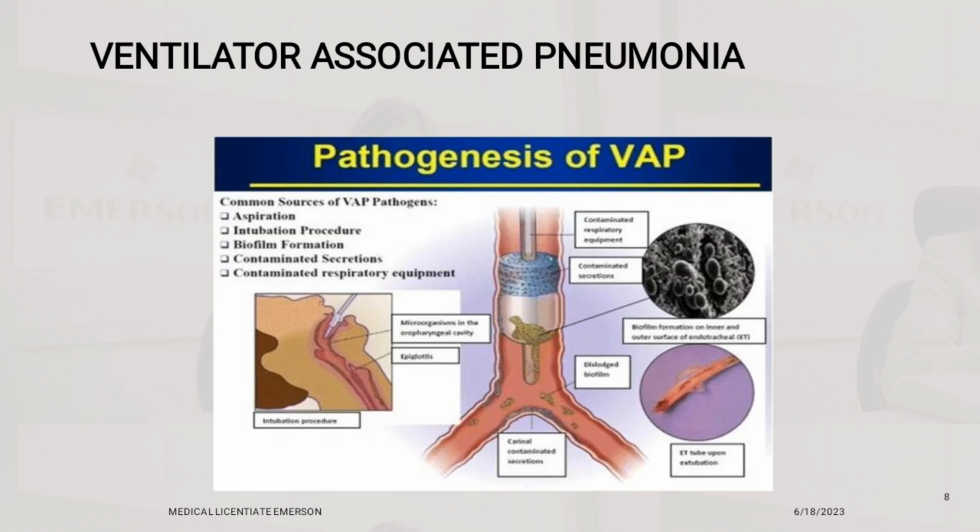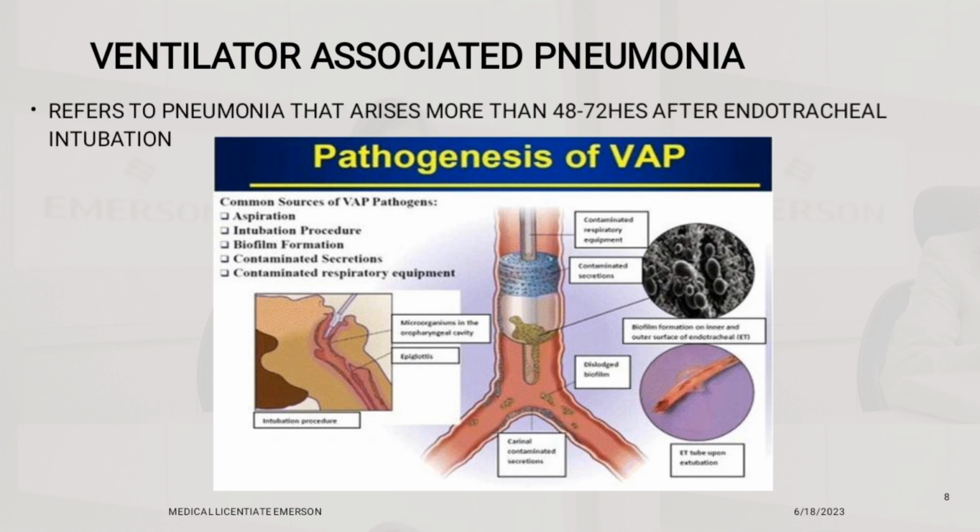Okay, and then the other pneumonia which we are going to talk about is ventilator-associated pneumonia, which refers to pneumonia that arises more than 48 to 72 hours after endotracheal intubation. So endotracheal intubation is just one of the common sources of ventilator-associated pneumonia.